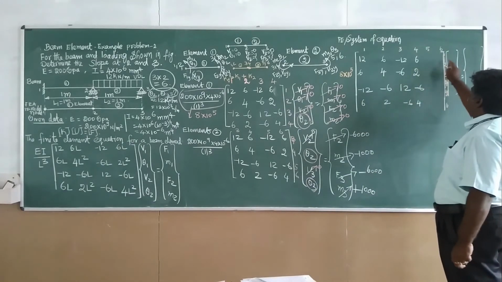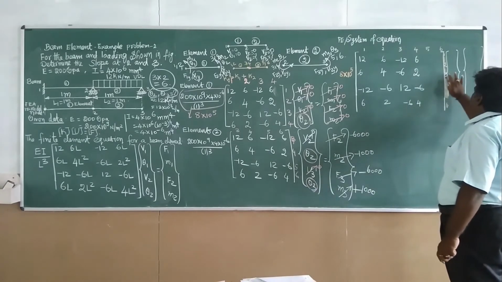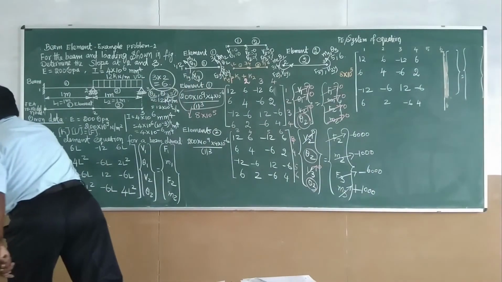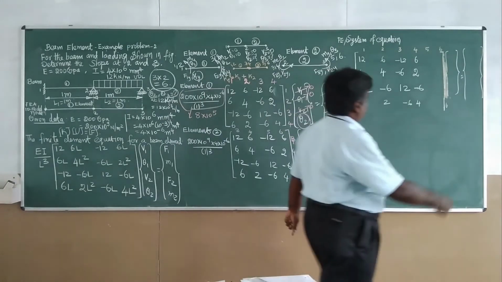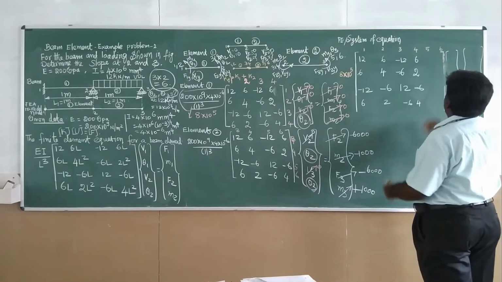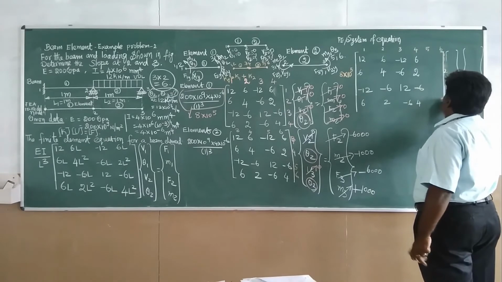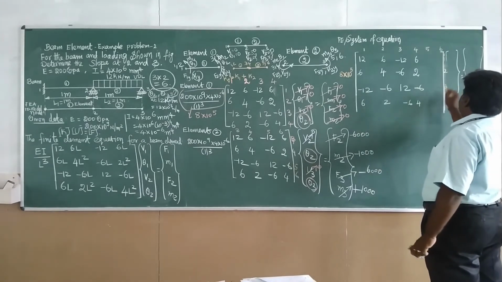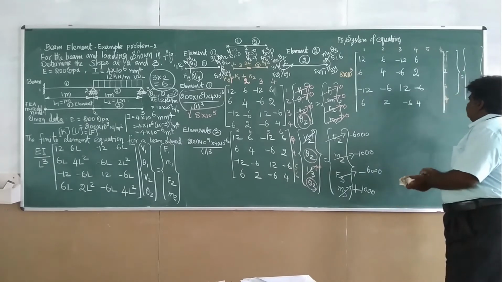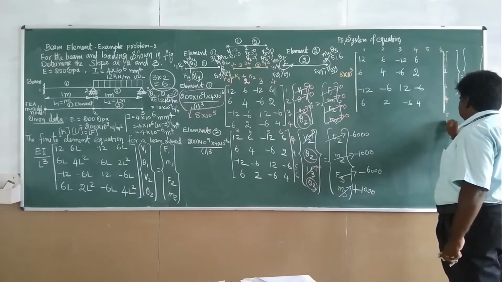So this is the 1, this is the 2. Then 3, 4, then 5 and 6 will be here.